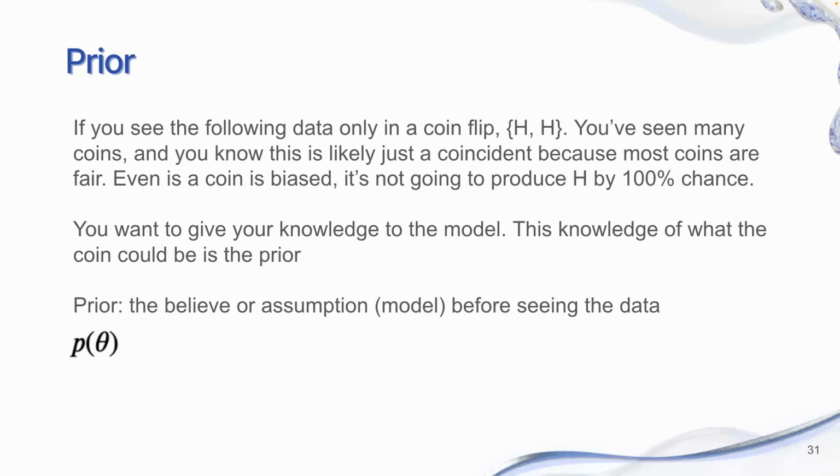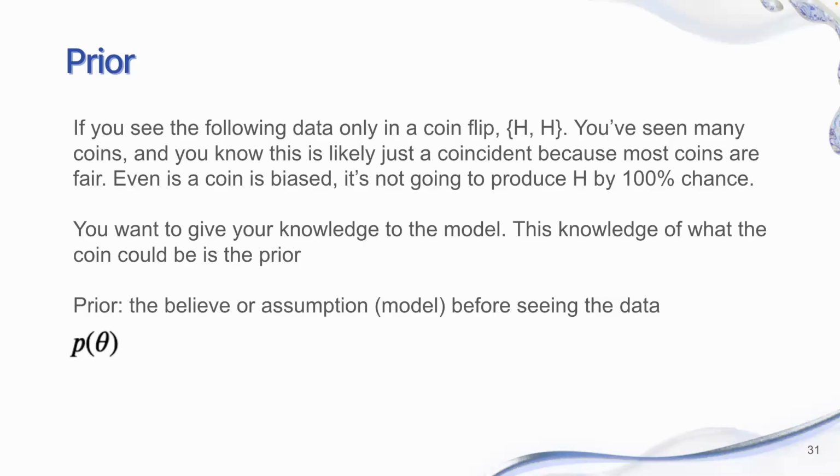It's your knowledge of the event before even seeing the data. If I ask you what a coin could be, you'd probably say it's most likely to be fair, right? That's your prior, because I haven't given you any data, and based on all the coins you've seen so far, you think it's most likely a fair coin. It's just for initializing the model.